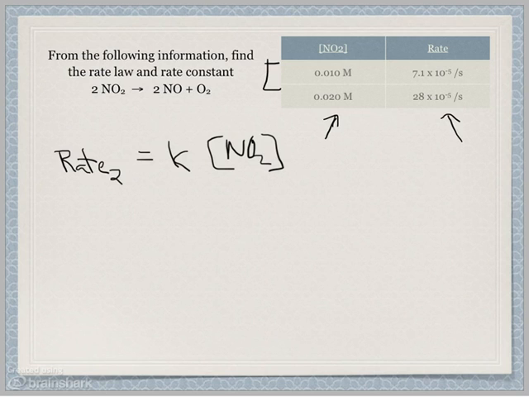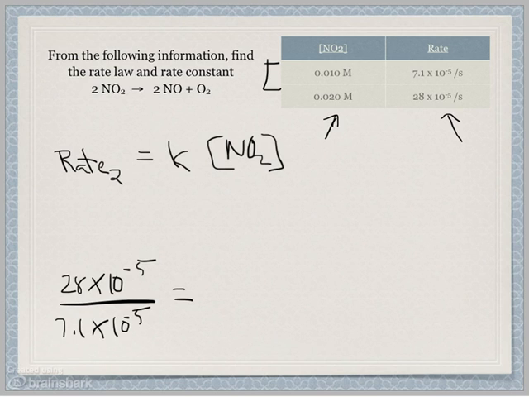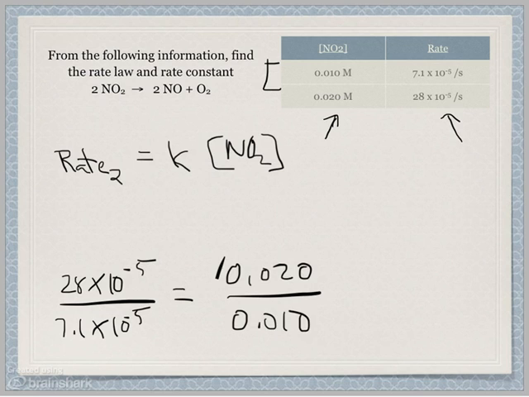Rate 2 in this case would be 28 times 10 to the negative 5 over our first rate, which is 7.1 times 10 to the negative 5, equal to, again, the rate constants were the same, so we don't have to worry about those, the concentration of the second trial, 0.020, over the first trial, which is 0.010, and that's all to the M power.